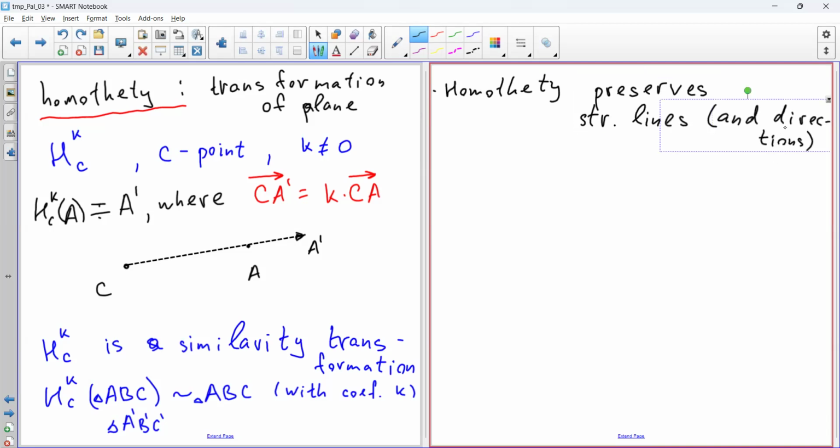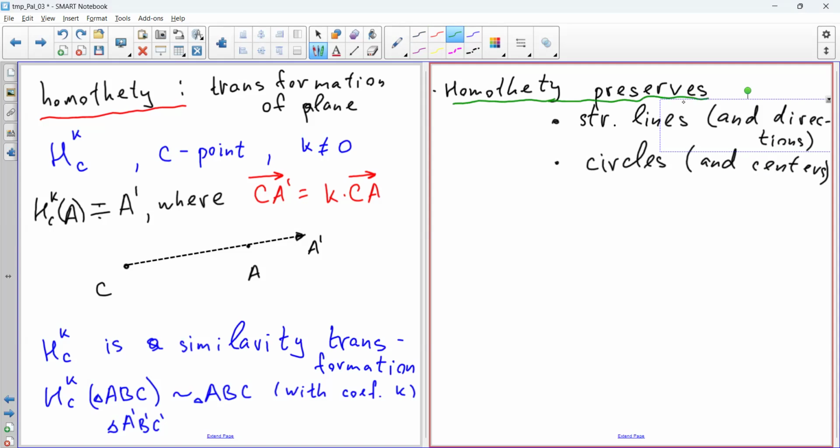By directions here we understand the vector which is directing, which is along the line. Straight lines, circles, and centers. So these properties, I hope you heard.